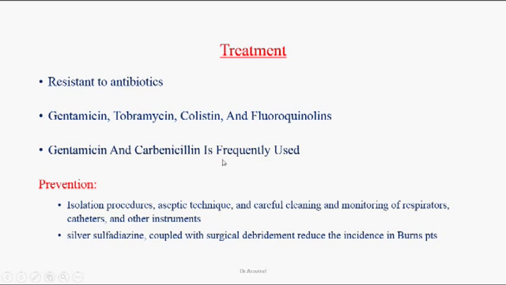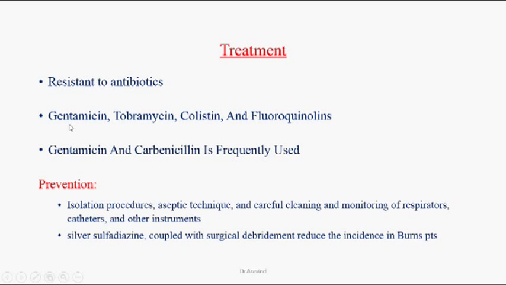Treatment: these organisms are resistant to antibiotics because they have resistance genes in their genome, which they acquire by transduction and conjugation, and they can also have plasmids.